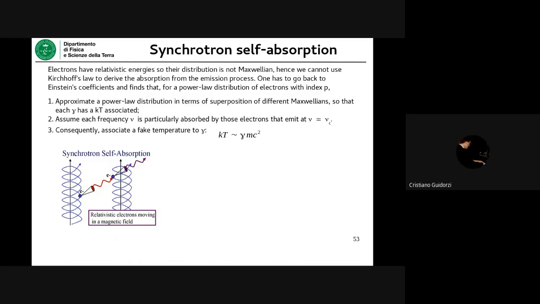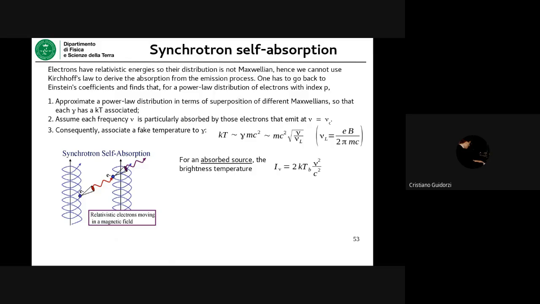And how is this? Well, if kT is of the order of the energy of our hypothetical electron, well, that has to be equal to the total energy of the electron. But the Lorentz factor of the electron, I remind you that the critical frequency scales with gamma squared. So gamma scales with the square root of the critical frequency over the Larmor frequency.